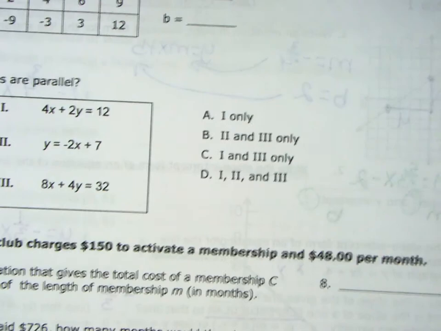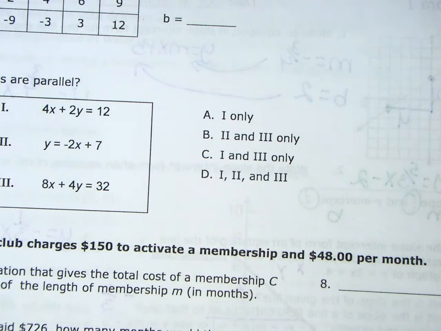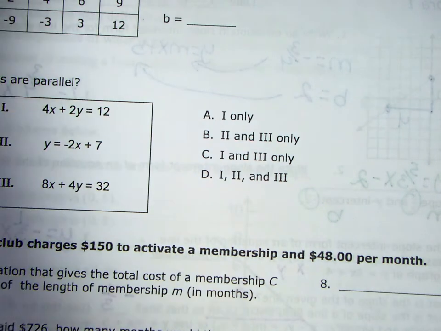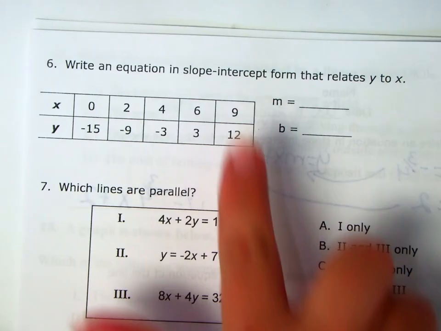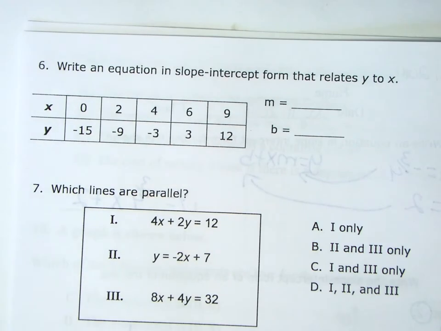Alright. So now we're going to get into some easier ones. Don't staple things right now. Alright, so they want us to write an equation in slope-intercept form that relates y to x.